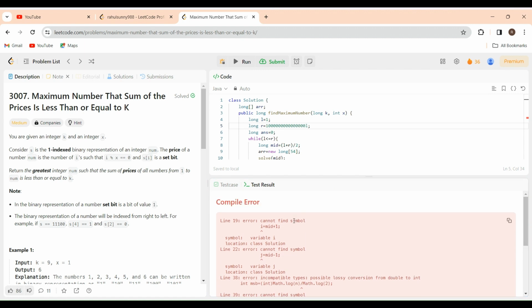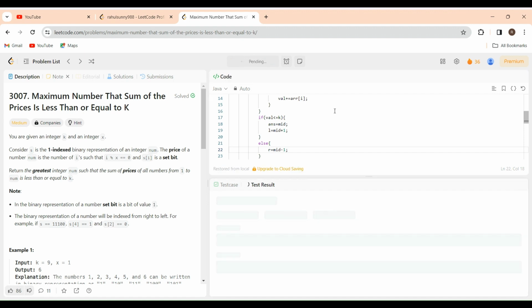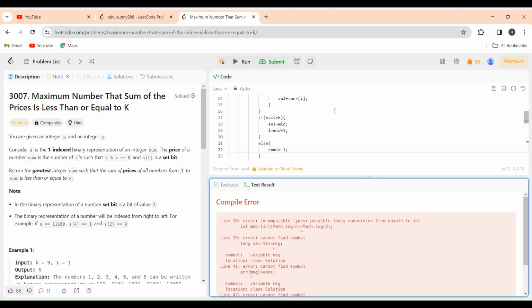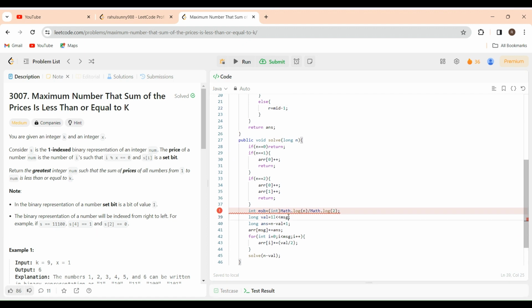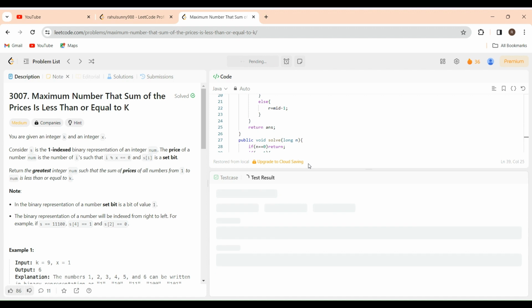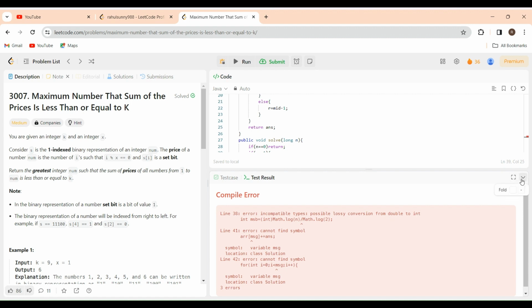So here, no, it is not I, right? It is L. Lower index is L, and it is R. And cannot find symbol MSG. Okay, sorry, MSB it is. Then there is a lossy conversion from double to int.